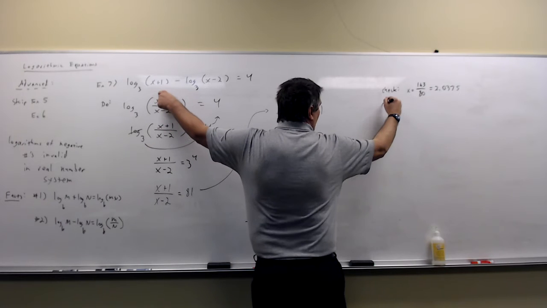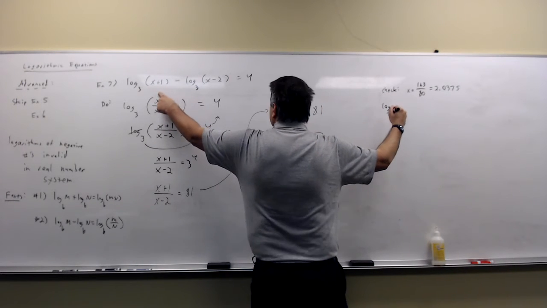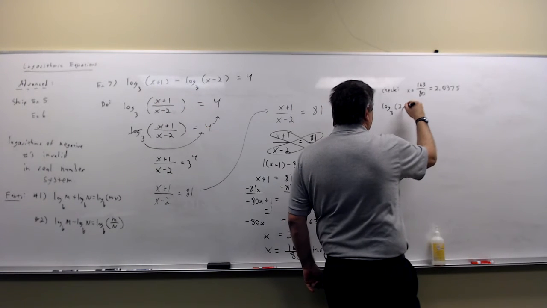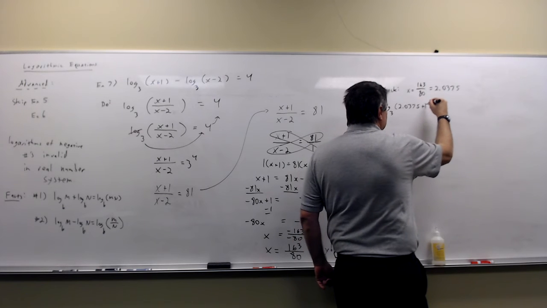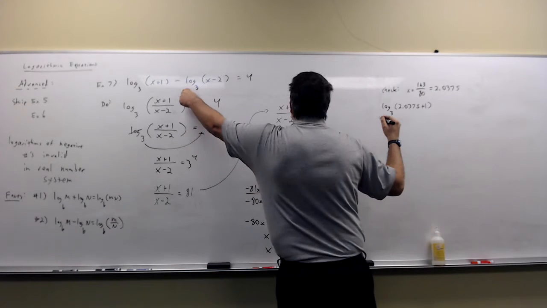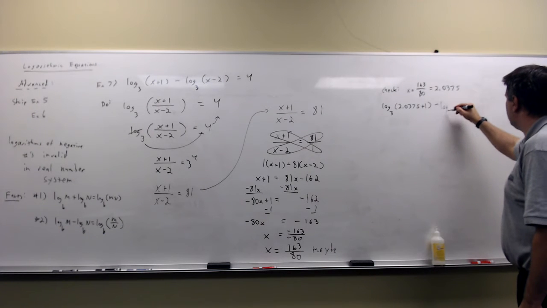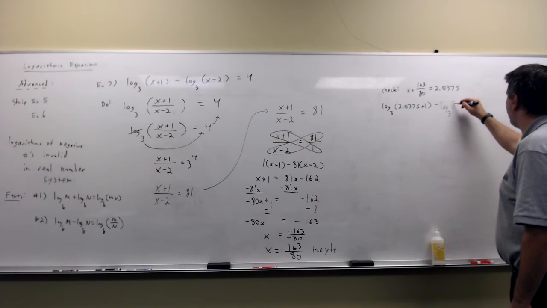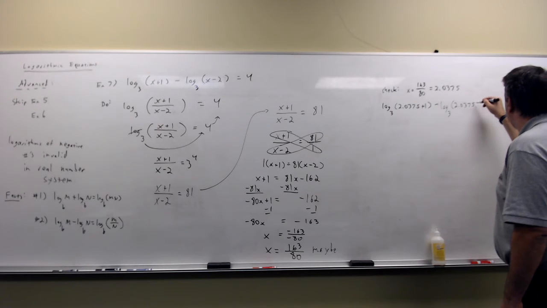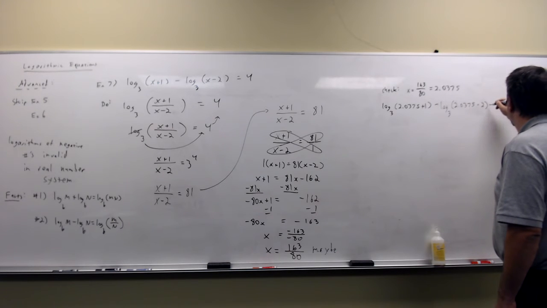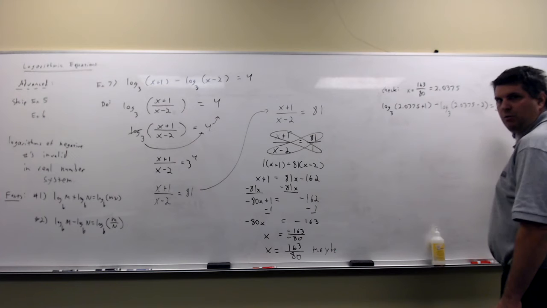So this is going to be log base 3 of 2.0375 plus 1 minus log base 3 of 2.0375 minus 2. I want to know if it does actually equal 4.